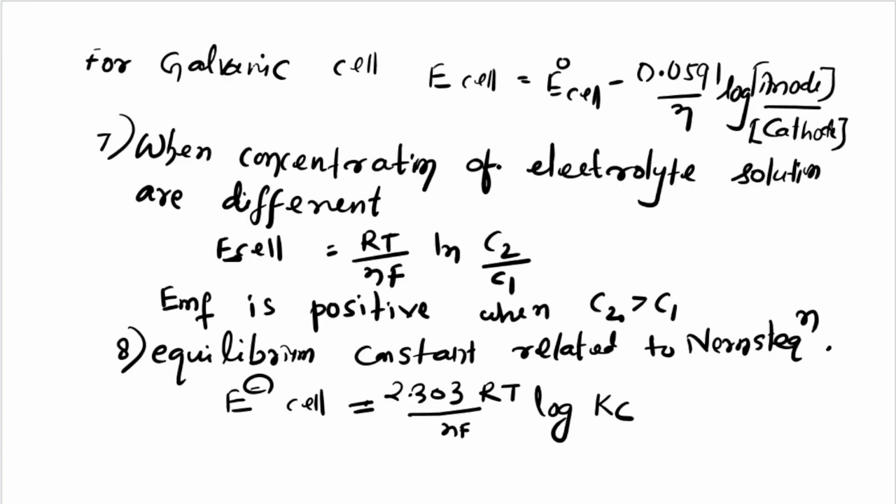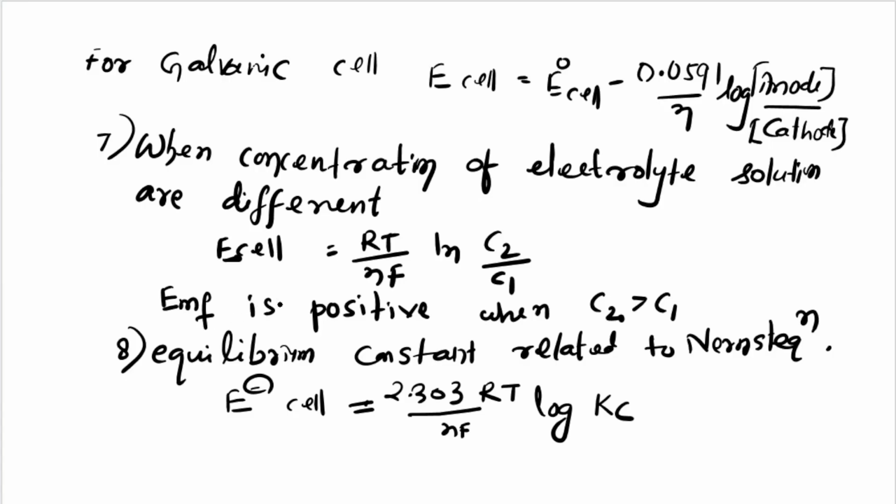When the concentrations of the electrolyte solutions are different, what happens? E cell equals RT by nF ln C2 by C1. What is C2 by C1? C2 is the concentration of electrolyte solution 2, and C1 is the concentration of electrolyte solution 1.